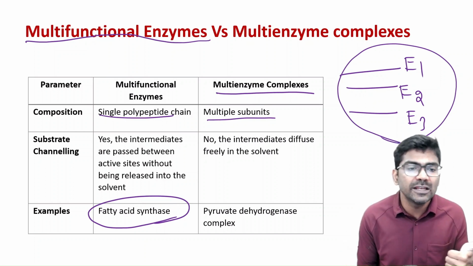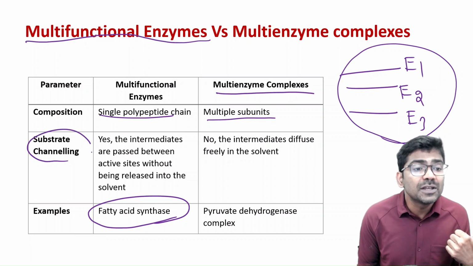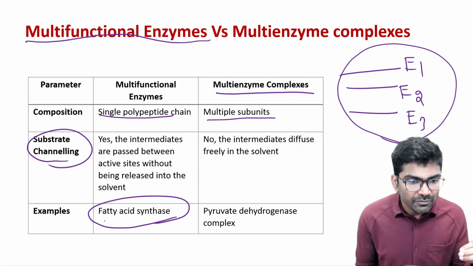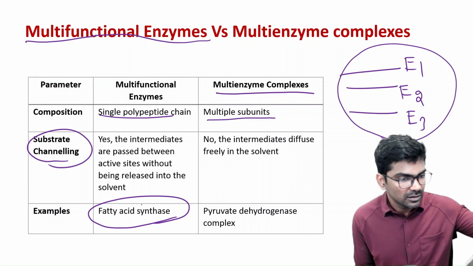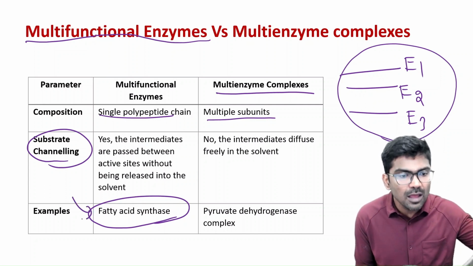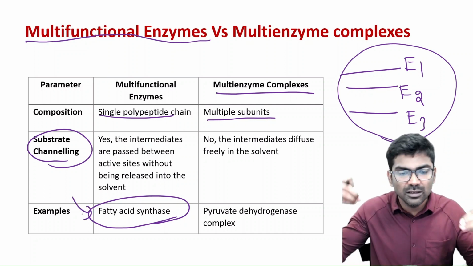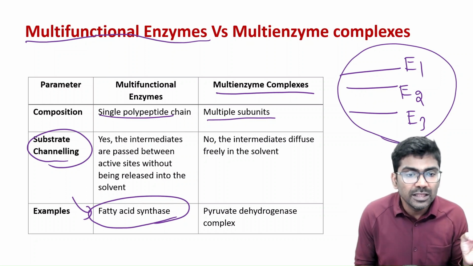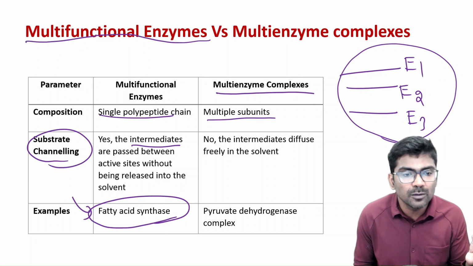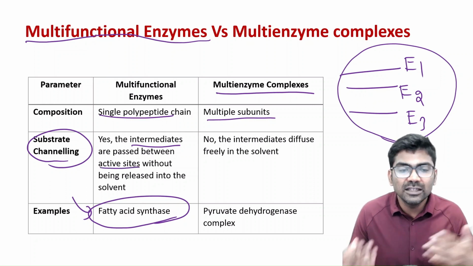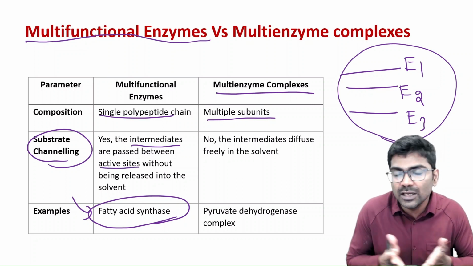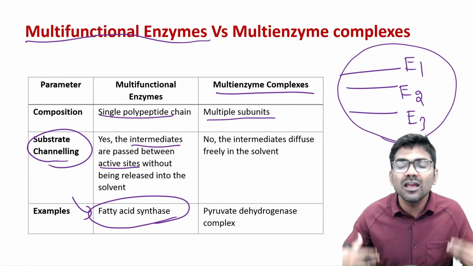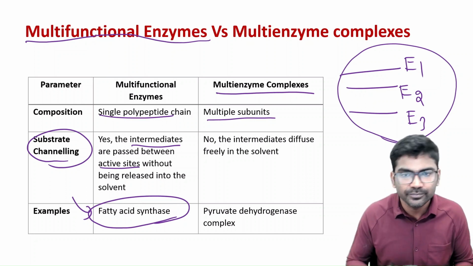In multifunctional enzymes, there is something called substrate channeling. That means in fatty acid synthase, if the substrate comes, ultimately it will leave the enzyme as a product only. The intermediates of the reactions are passed between the active sites without being released into the solvent. So this increases the efficiency of the enzyme.